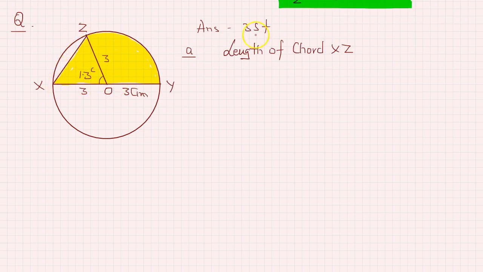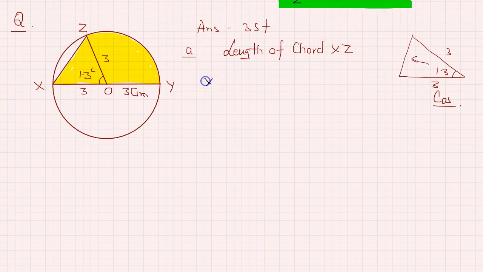We can see that this is a triangle where this angle is given as 1.3 and this side is 3, this side is 3. Two sides are given, and the angle between them is given. So to find the third side, we use the cosine formula.